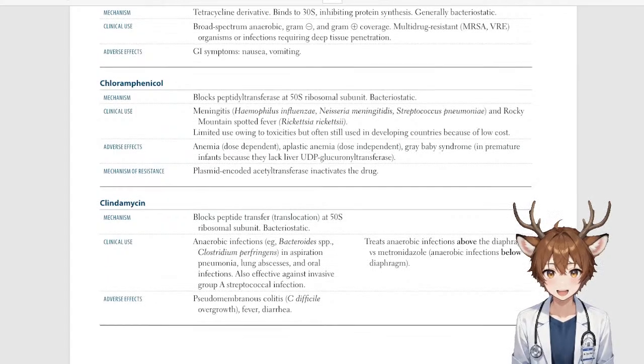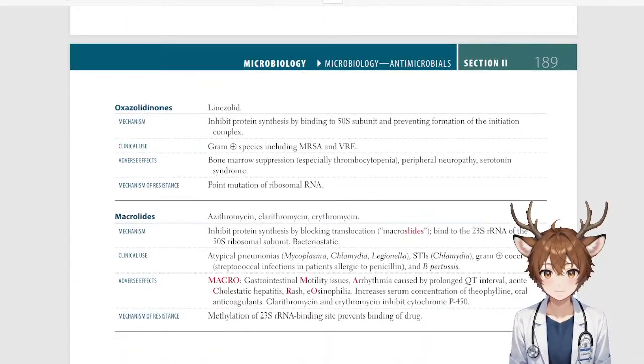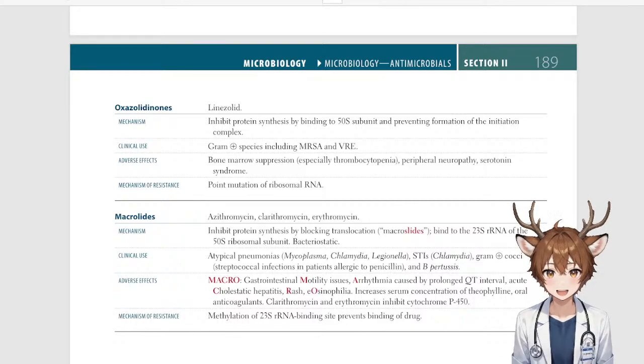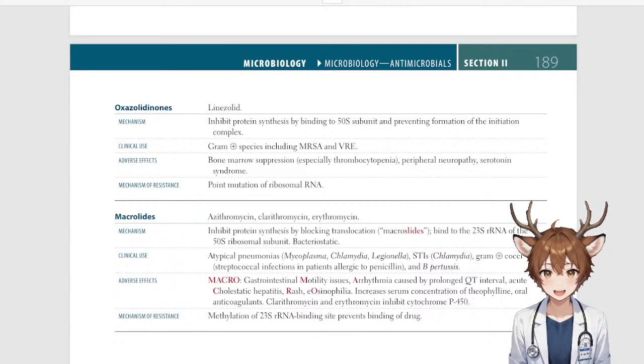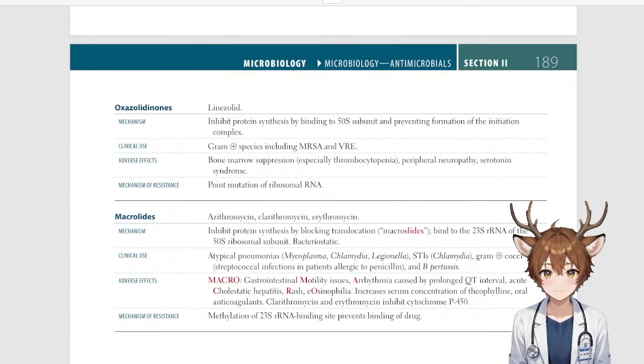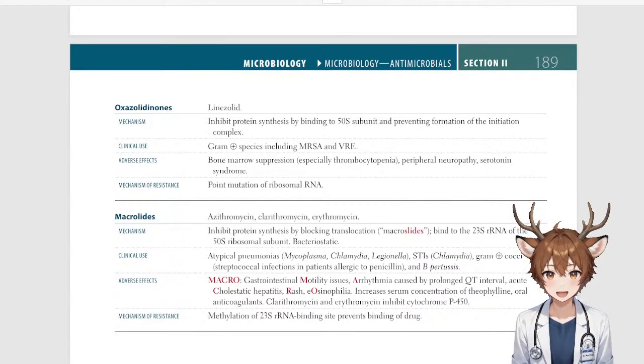What about linezolid? They have this class called oxazolidinones, which in this case we're going to say is linezolid.